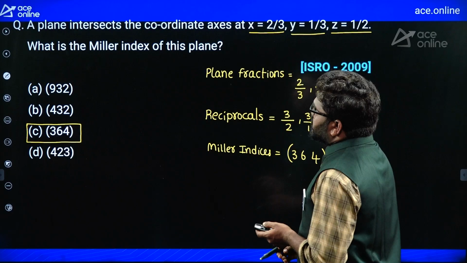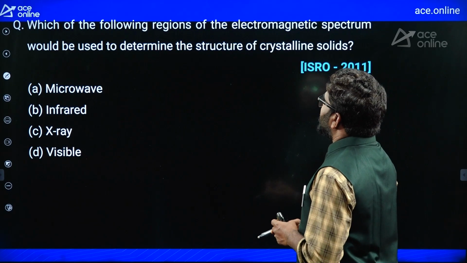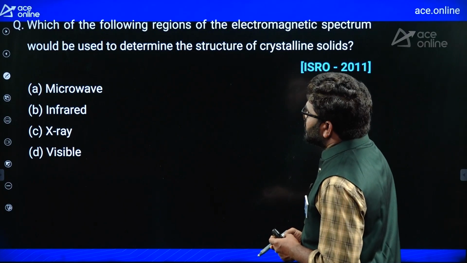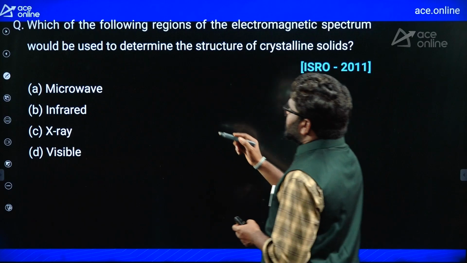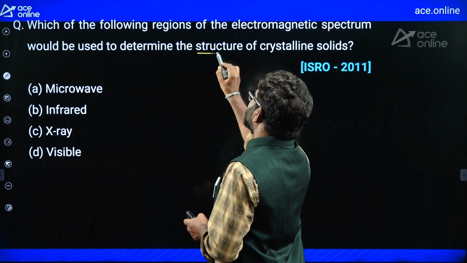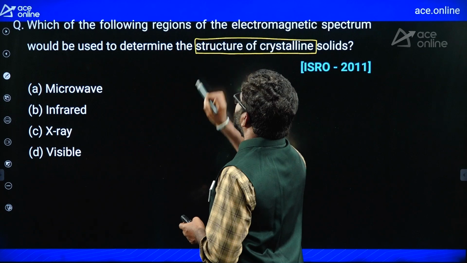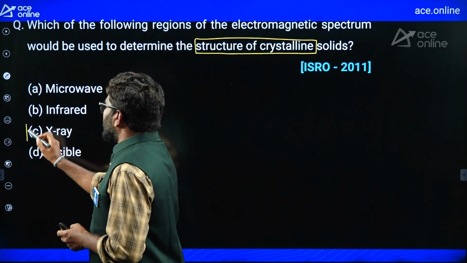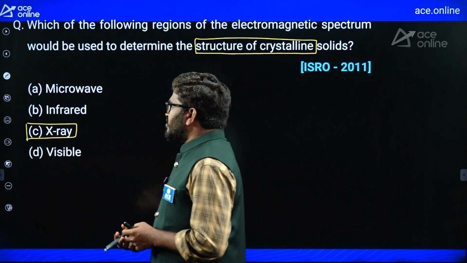Now, next question. Which of the following regions of the electromagnetic spectrum would be used to determine the structure of crystalline solids? The structure of crystalline materials is measured by using X-rays. Why are you using X-rays? Why not infrared rays, why not visible rays?